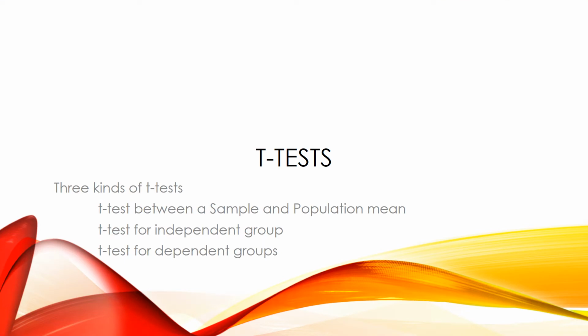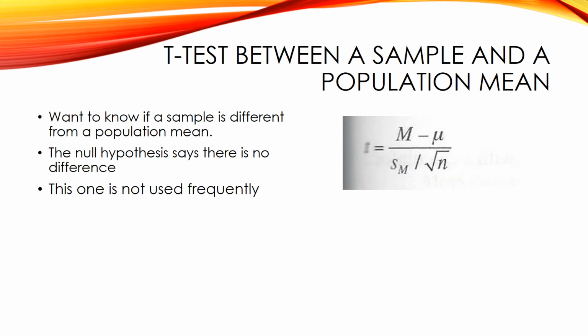As far as t-tests, there are 3 kinds, and we're just going to briefly talk about them, and a little bit about the one that's most commonly used. The t-test between a sample and population mean really isn't used that much, because you have to know the population mean, and it's very challenging many times to get that mean.